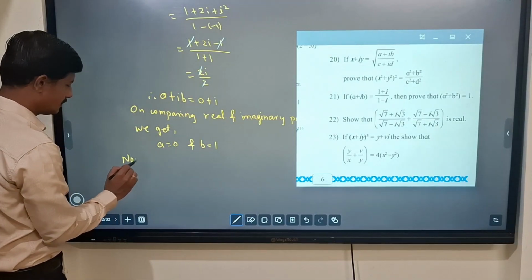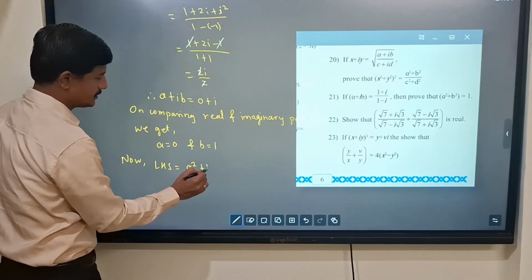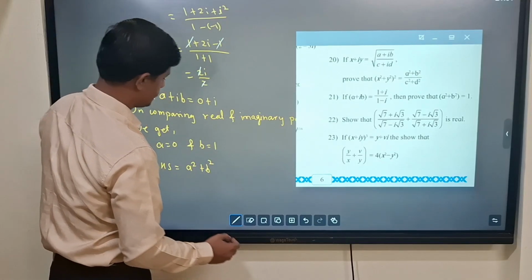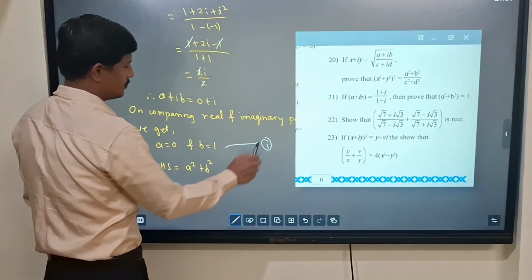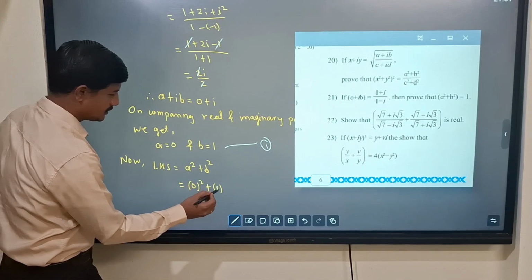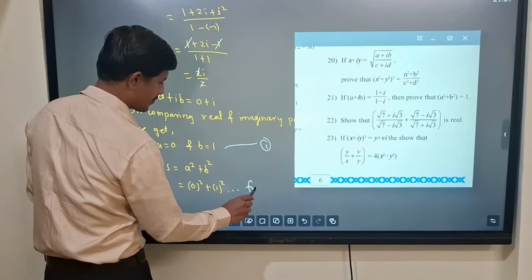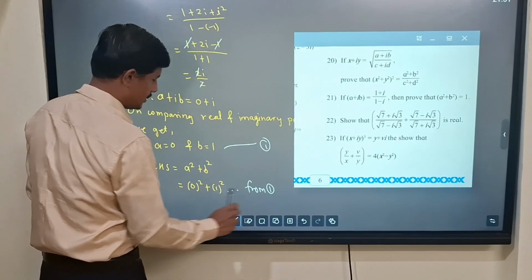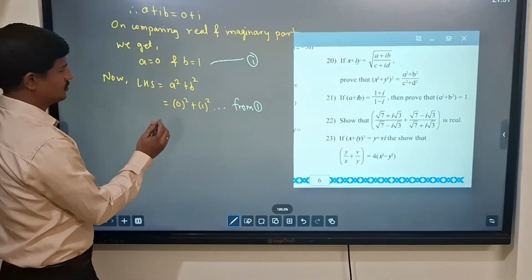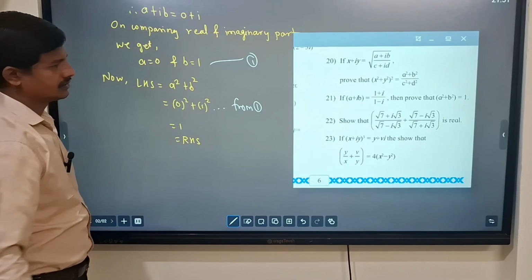Now here LHS is simply A square plus B square. I'll write down this equation 1. So A is 0 square plus B is 1 square, and this is from equation 1. So this is simply 1, equal to RHS. Okay.